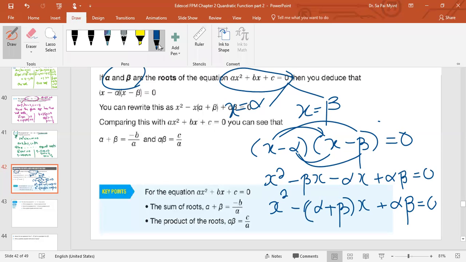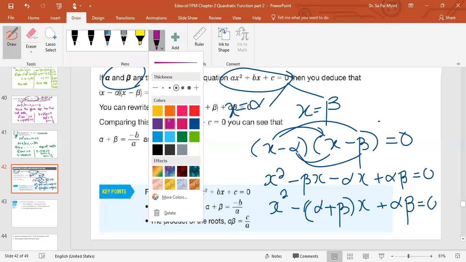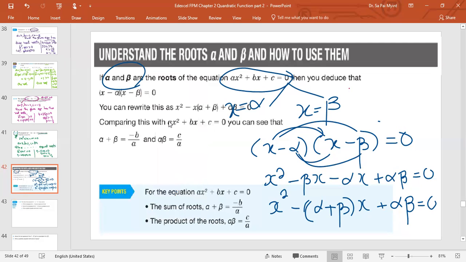What is a quadratic equation? A quadratic equation is ax squared plus bx plus c. So from this, the coefficient of x squared must be 1. So we need to divide it by a. What do you get? x squared plus b by a x plus c by a equal to 0.